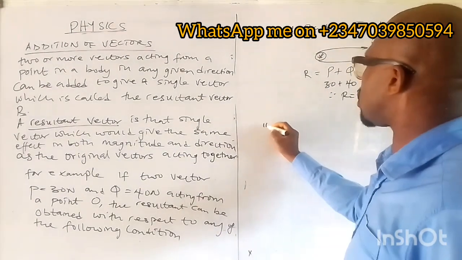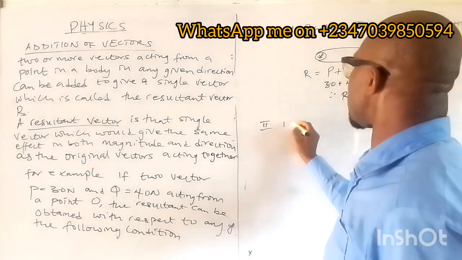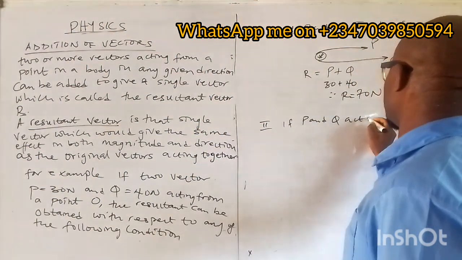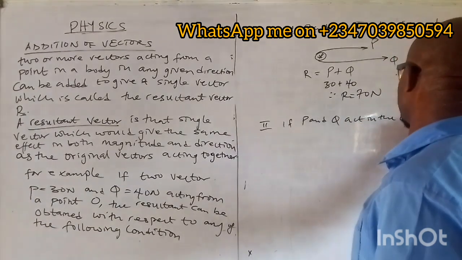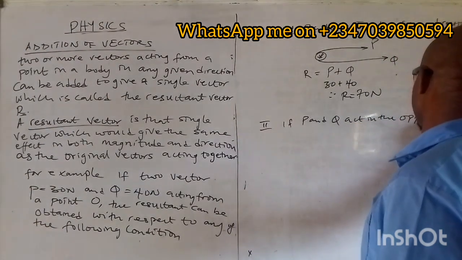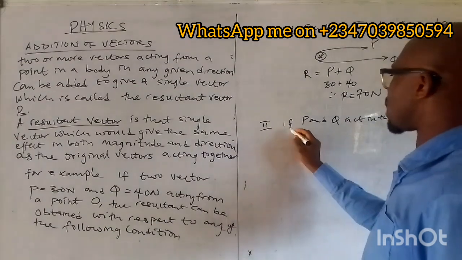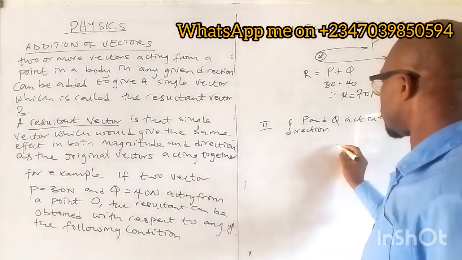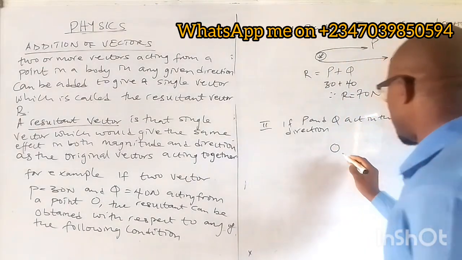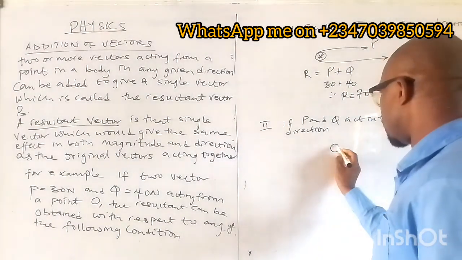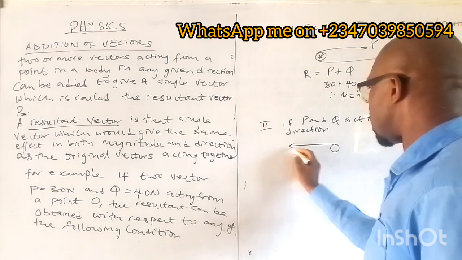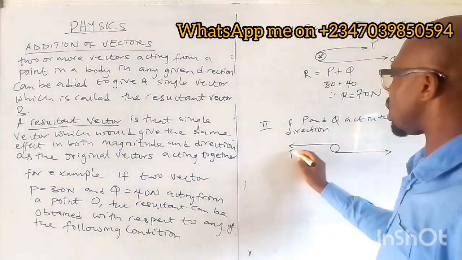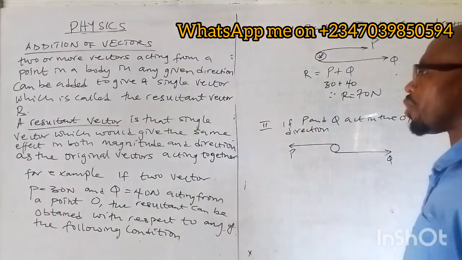Now, for case 2, if P and Q act in the opposite direction, this is the point. Assuming one is acting in this direction and the other in this direction, let's say P here and Q here.